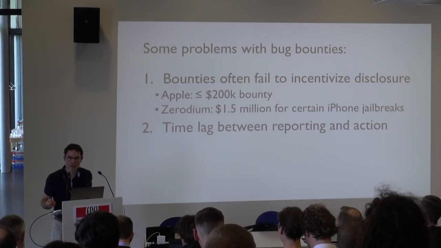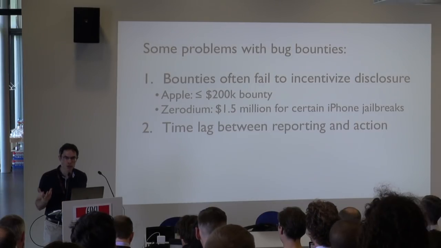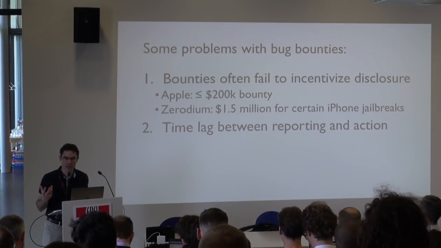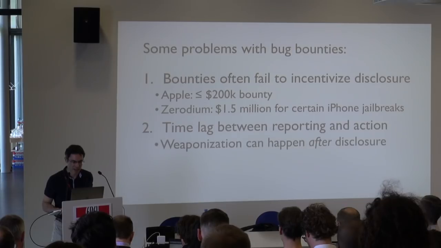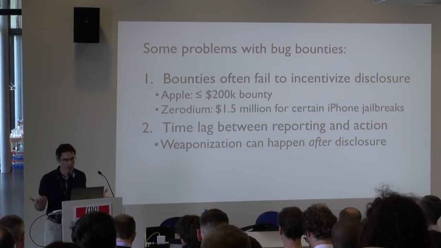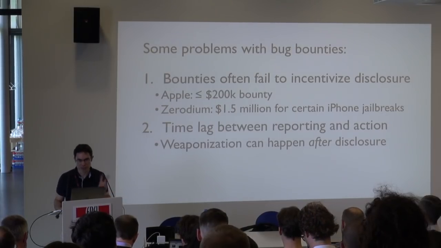Problem two is that there's often a lag in time between a disclosure and some action, like a software patch on the part of the vendor. It takes time to analyze a vulnerability and to figure out how to remediate it. And in the meantime, of course, this vulnerability could be weaponized, either by the hacker or somebody else who discovers it. That's problem number two.